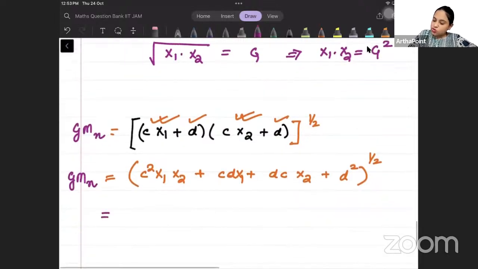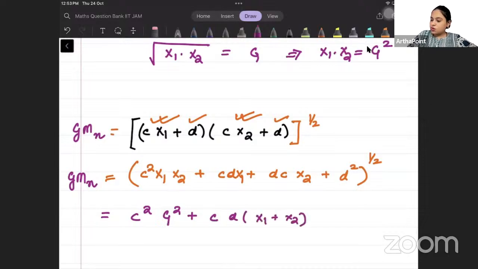GM new is going to be C square, original GM whole square, plus C D, if I take CD common, x1 plus x2, plus D square, to the power 1 by 2. So the new GM is not just the original GM scaled and added.